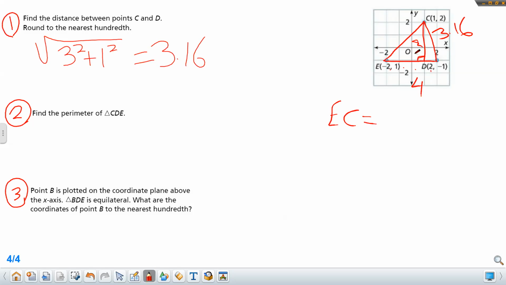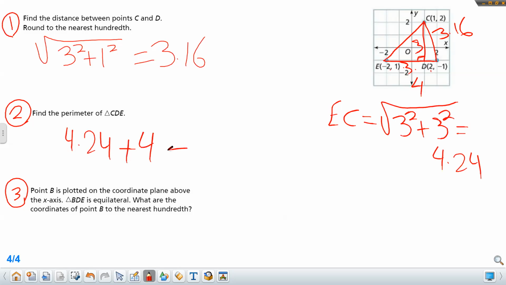It will be 3 and 3. So EC equals square root of 3 squared plus 3 squared, which is 4.24. So how to find the perimeter? 4.24 plus 4 plus 3.16.